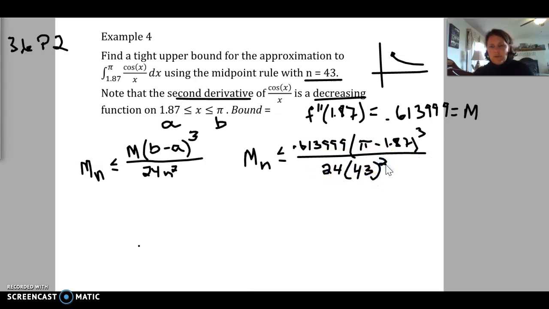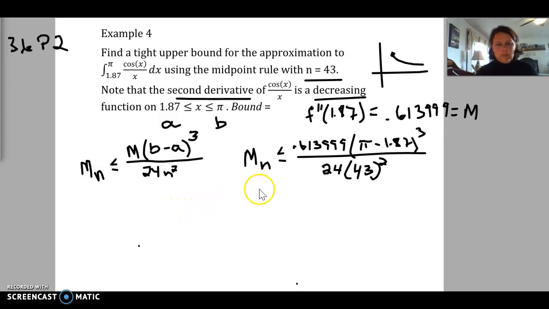Plug that all into your calculator. Make sure you use lots of parentheses. Get everything in the denominator in parentheses. Make sure you're using your cube right, so be careful how you put that into your calculator. And then you should get a final answer of... okay, let me find that answer. Okay, so I got it.